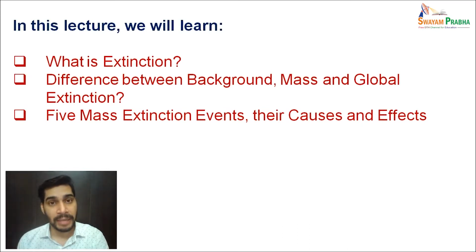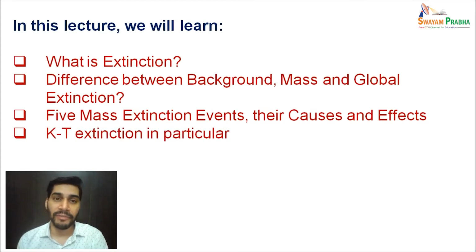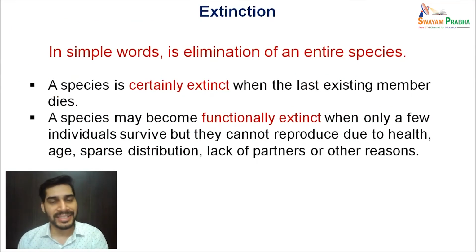We will discuss their causes and the effects that they have resulted in. Then we'll take the KT extinction as an example because that is the most recent extinction event that has taken place on Earth. So let us start our discussion with what we mean by the word extinction.